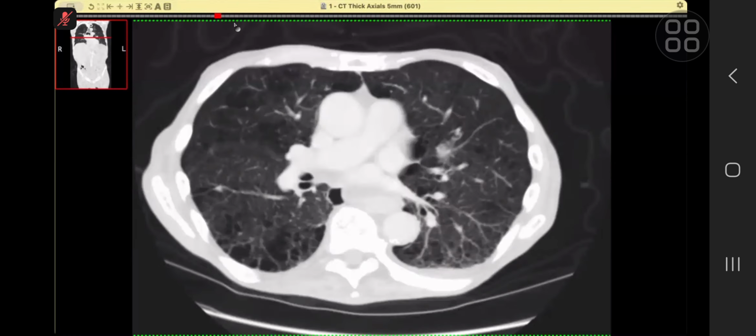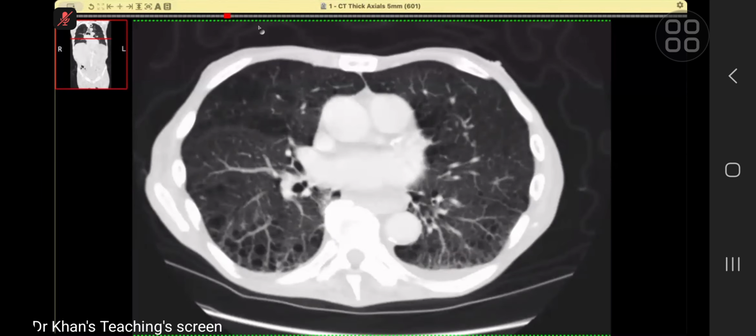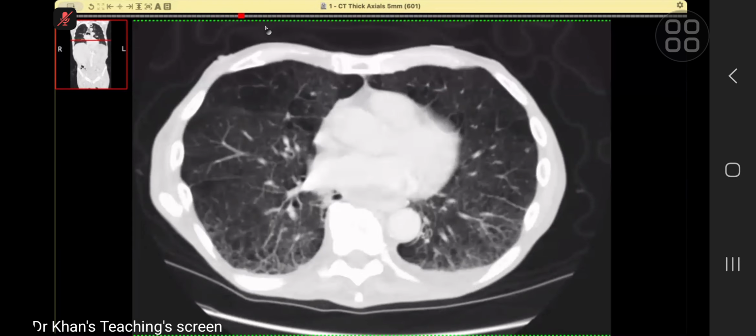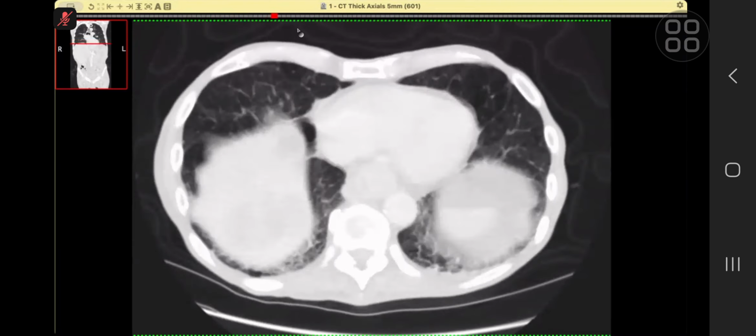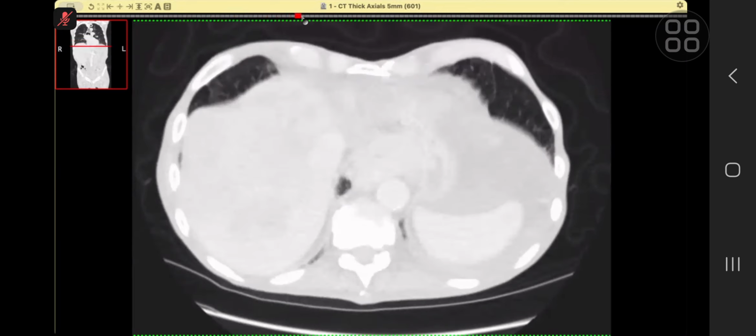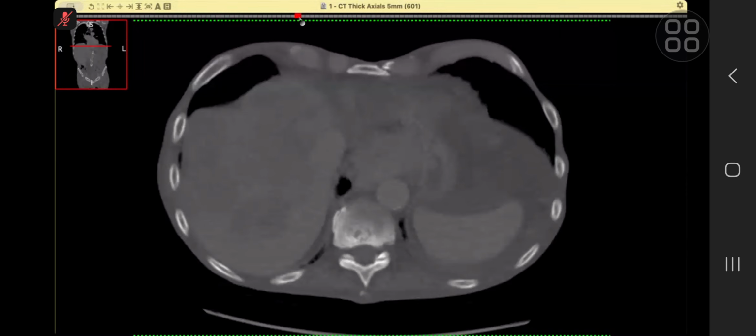There is also evidence of reticular changes seen in the basal segments of bilateral lower lobes. So I would also like to look at the bone windows to look at any possible bony metastasis.